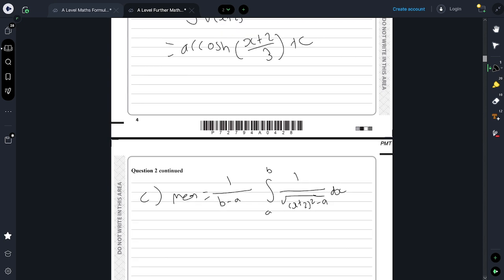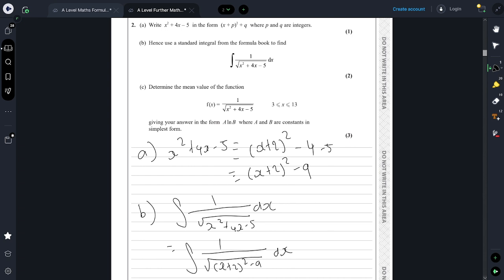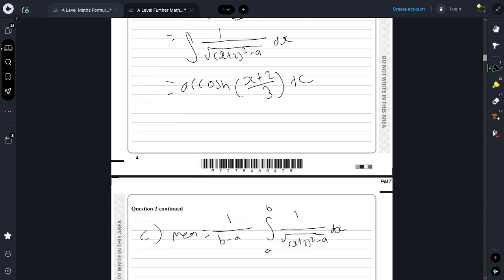Okay, so what is our b and a? The mean has to be along an interval, and we have an interval, it's between 3 and 13. So b is 13 and a is 3.